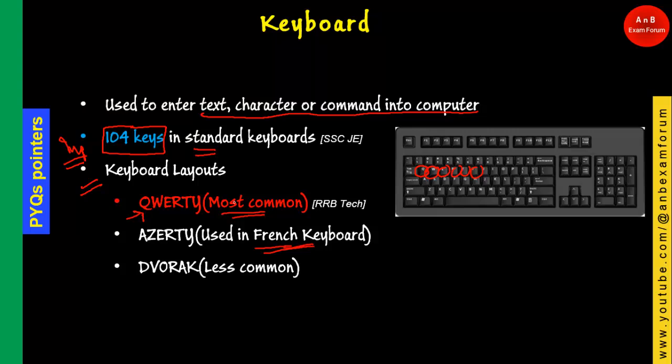The arrangement of these keys is very difficult for a common man or layman to type, because these are jumbled up. But nowadays everybody is very handy in using computers. So QWERTY is the most commonly used keyboard layout nowadays.